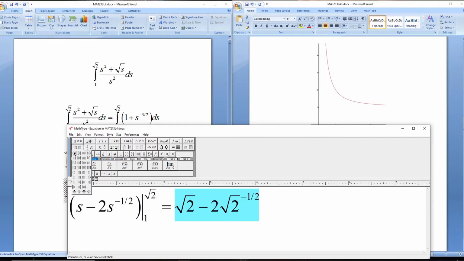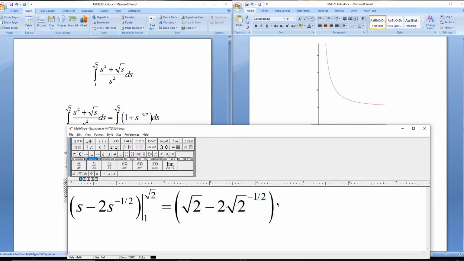And I'm just going to use parentheses to make that clear. This is f of b. We plugged b into the antiderivative, and we subtract off f of a. We subtract off plugging a into the antiderivative.